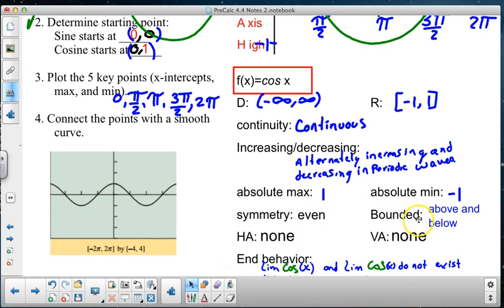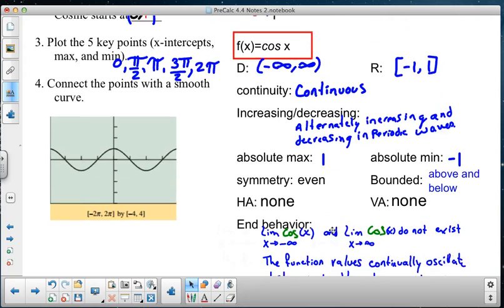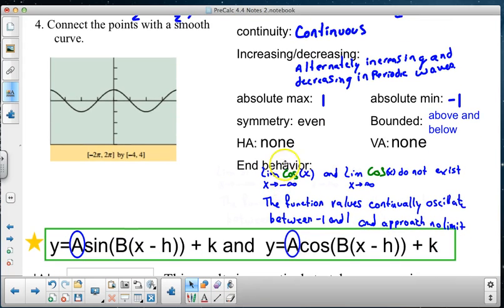Symmetry is even. It's bounded above and below. There's no horizontal asymptote, and there's no VA. And again, the end behavior, the limit of cosine of x as x approaches negative infinity, and the limit of cosine x as x approaches infinity, they just don't exist. The function values continually oscillate between -1 and 1 and approach no limit.